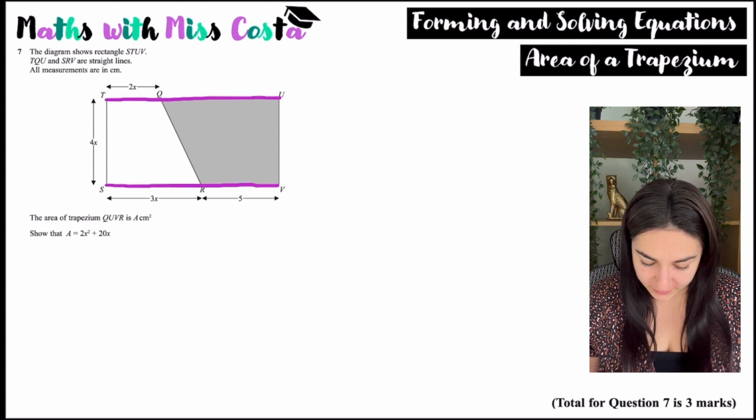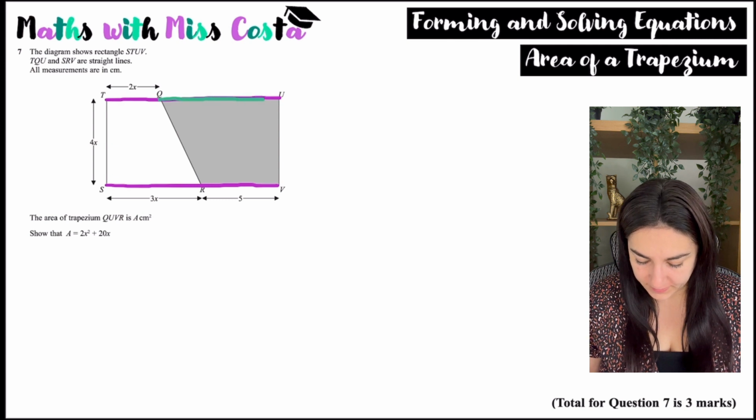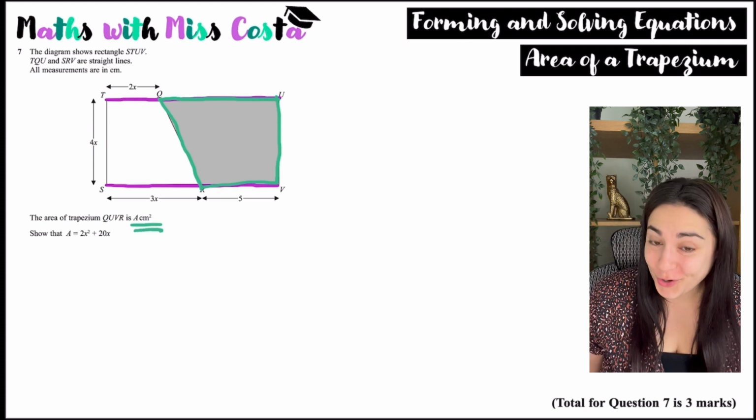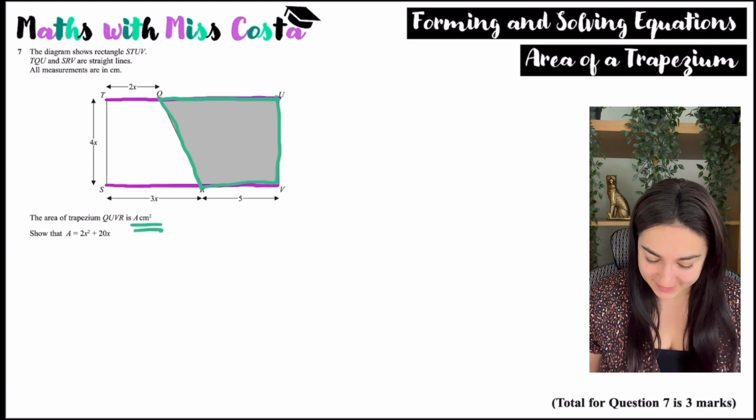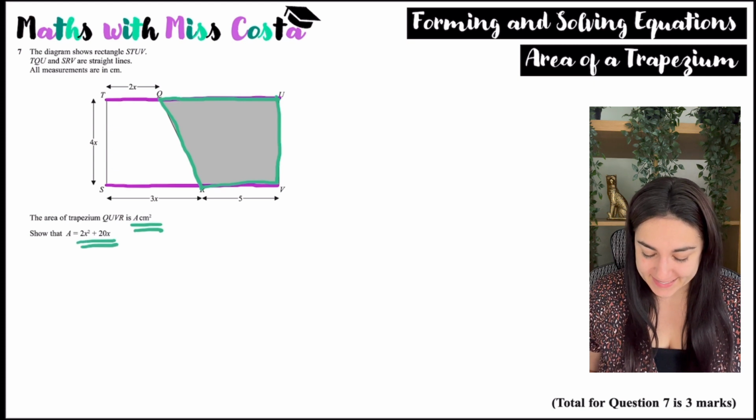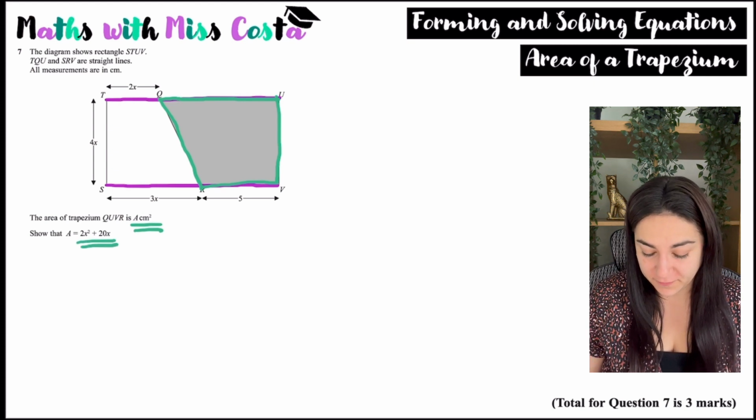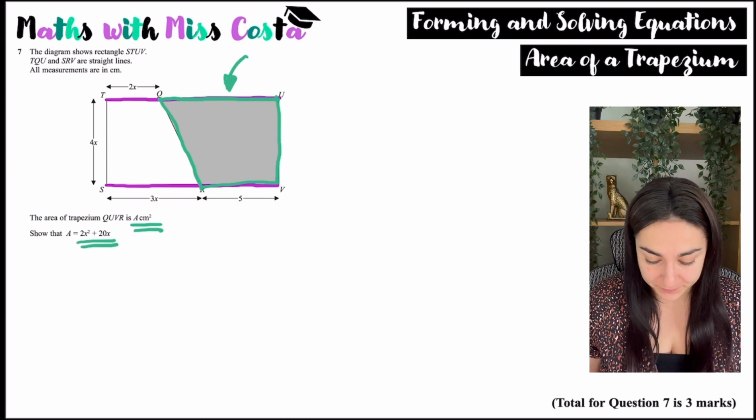All measurements are in centimetres, and I know the area of trapezium QUVR, so this trapezium here, is A centimetres squared, and I need to show that the area of that trapezium is 2x squared plus 20x. So essentially you're trying to figure out an expression for the area of this trapezium.